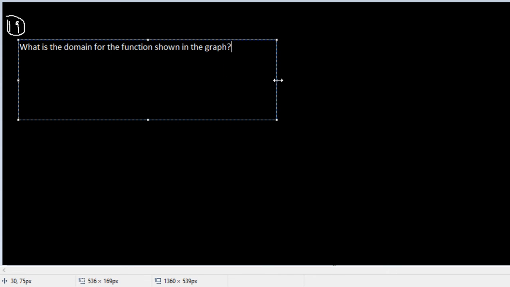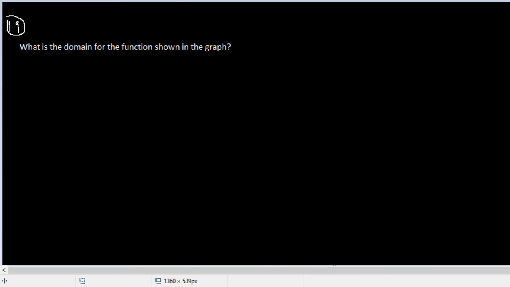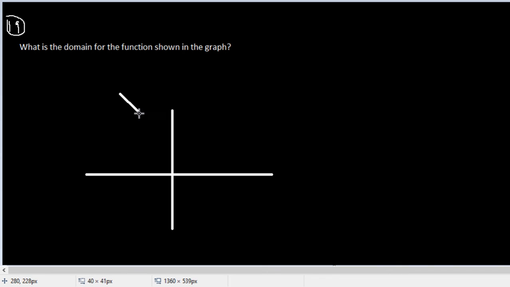And of course, I'm going to make that graph real quick. So you have a graph that looks something like this. It's actually an absolute value graph, and so it would look something like this. Absolute value graphs always look like that.